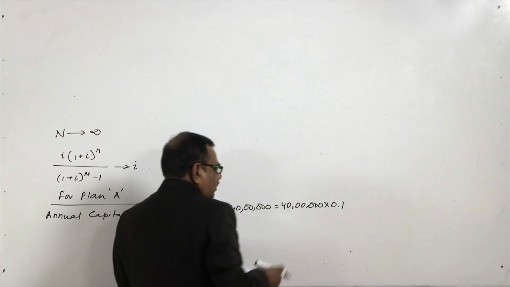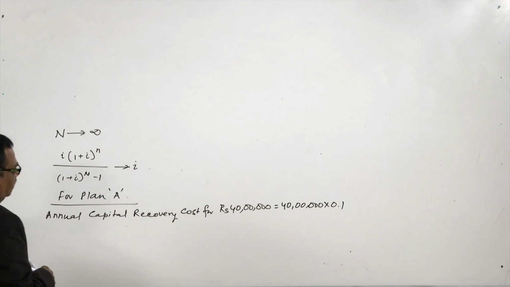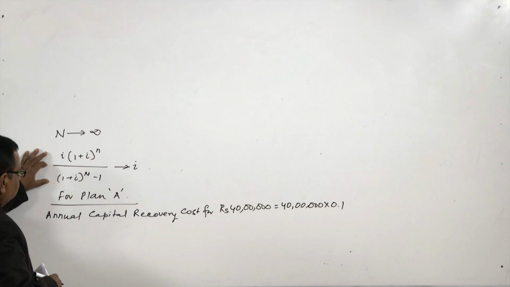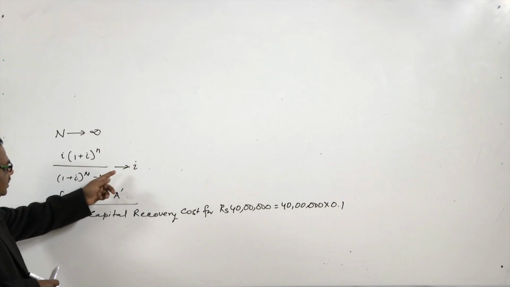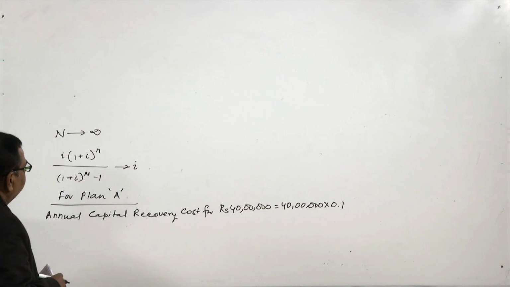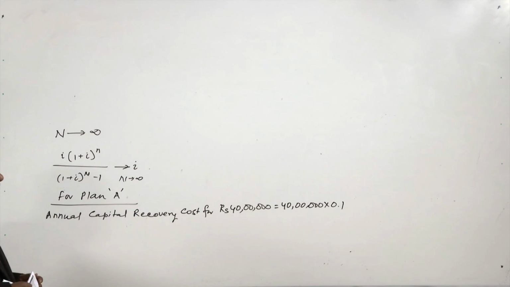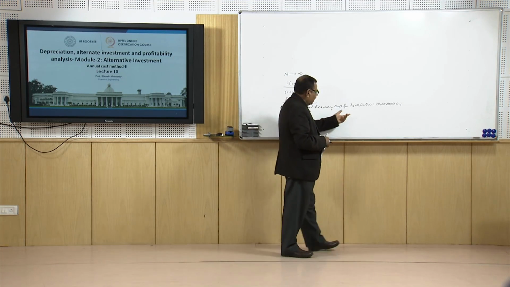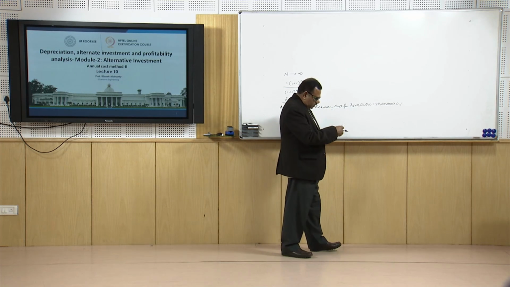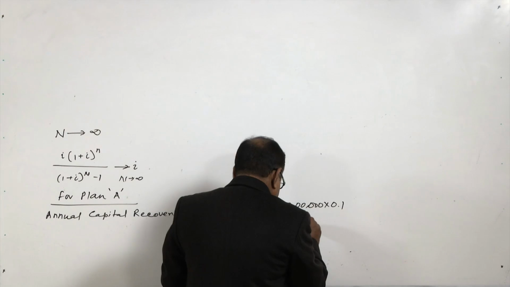Why 0.1? Because this is the value of i, and we have seen that the capital recovery factor moves towards i when n moves towards infinity. So the annual capital recovery cost for a permanent structure can be calculated by multiplying its cost with the value of i, which comes out to be rupees 4 lakh.